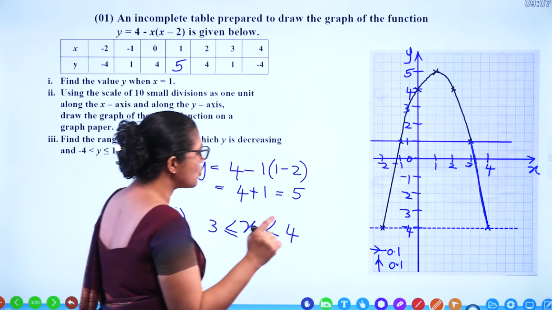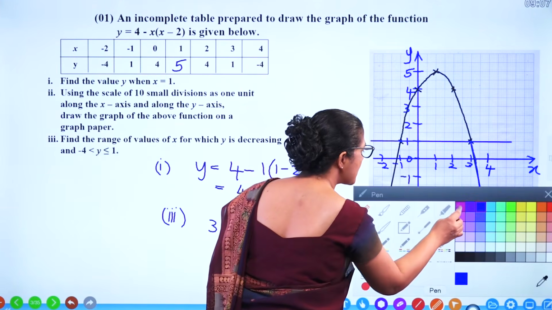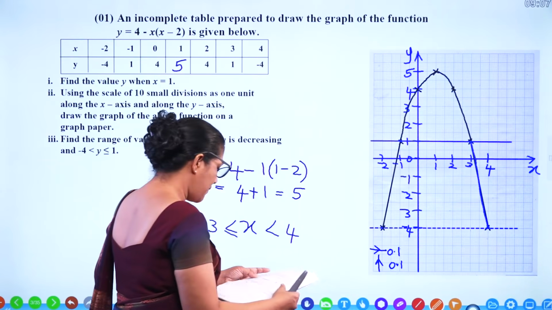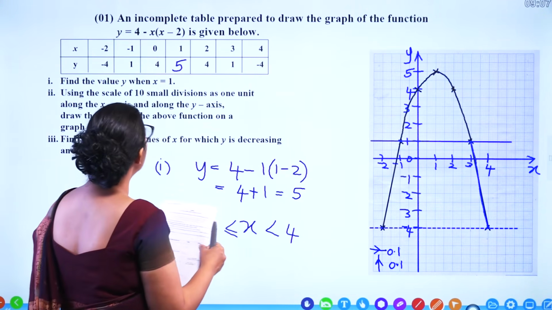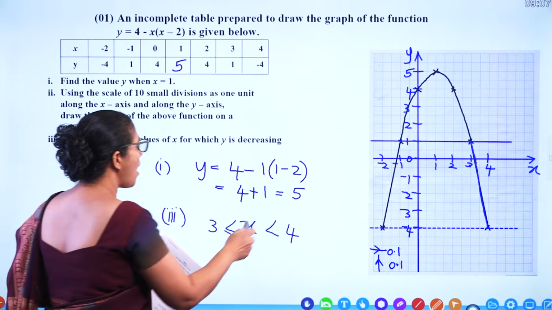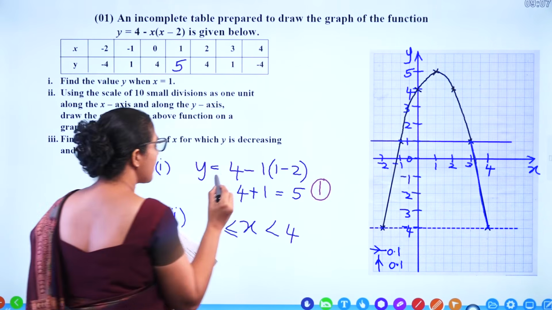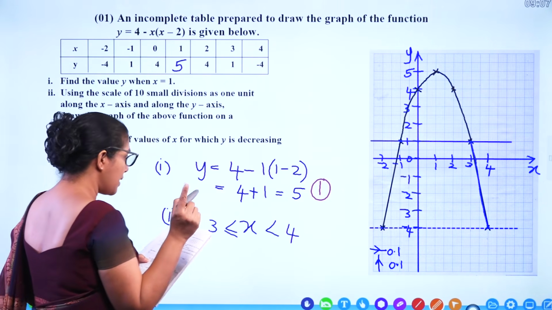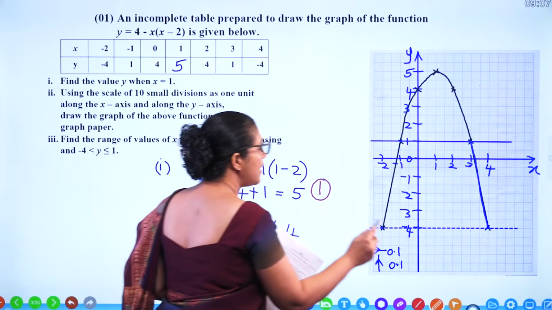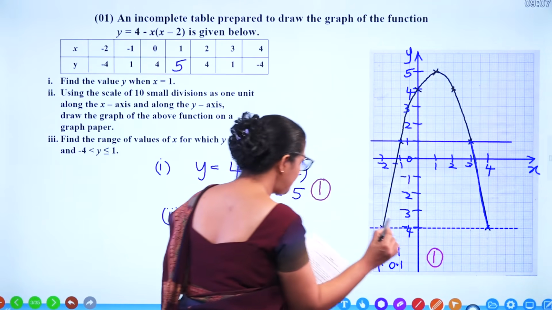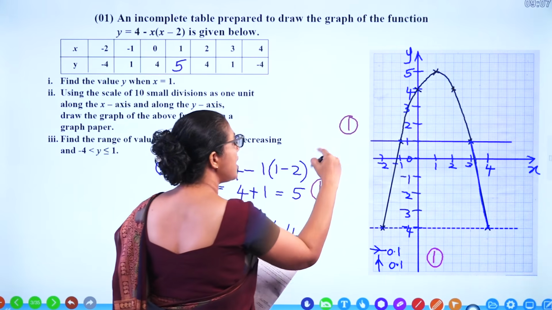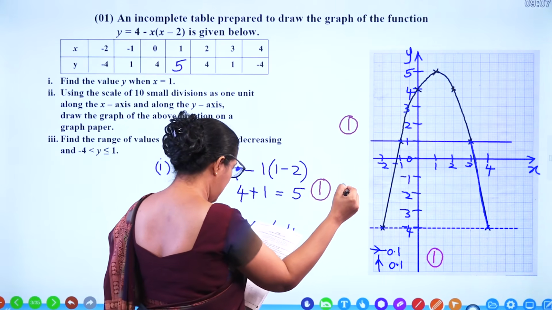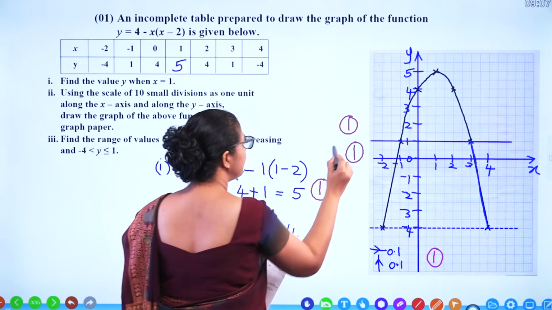So how many marks are you getting for these steps? We'll look at the marking scheme. y equals 5, that's 1 mark for calculating the y value, and correct scale 1 mark, and then marking the points 1 mark and connecting smoothly you get 1 mark.